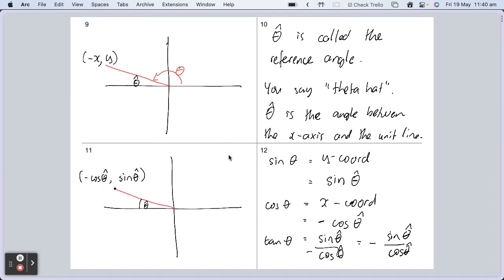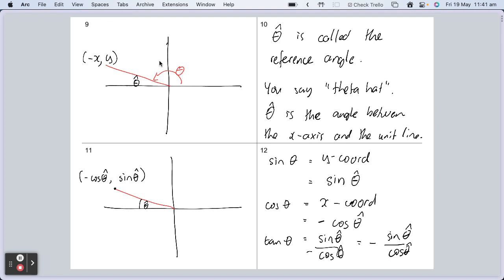So where we ended last lesson was talking about this idea beyond 90 degrees. We have an angle beyond 90 degrees. We are going to re-establish our brain to be thinking about cosine and sine as the x and y coordinates of the unit circle. So this red line here is a line of length 1.